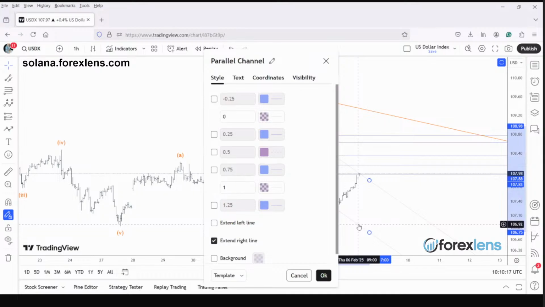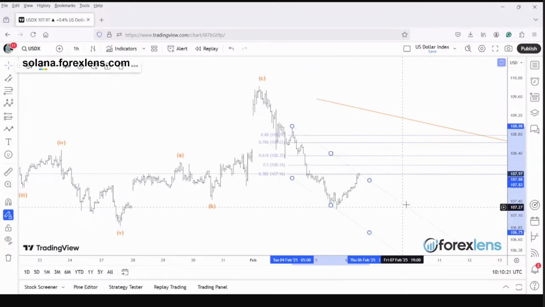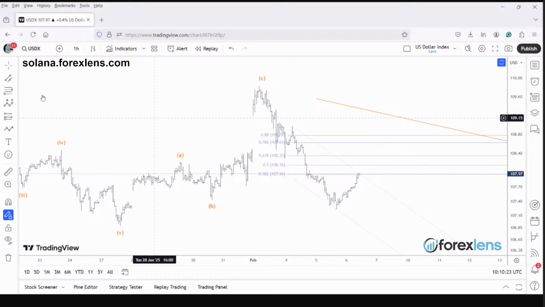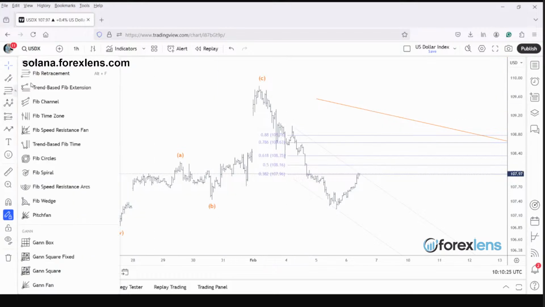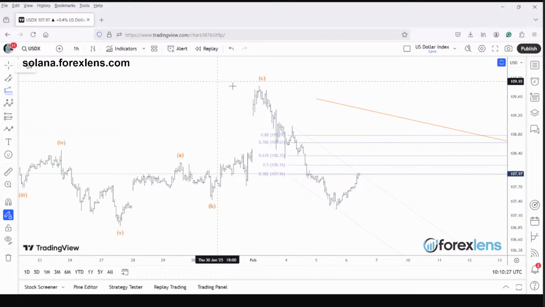I don't want to waste time in the coloring actually. Forget it. But let's do the extension now. Let's project what the target is like.